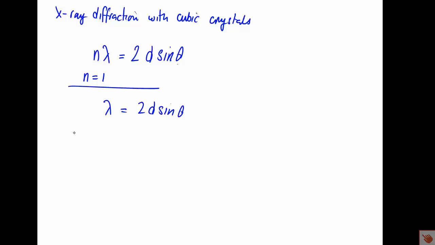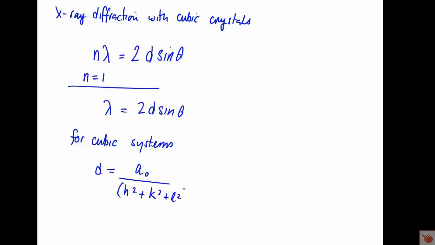We also know that for cubic crystals, or cubic systems, d is equal to a naught, the interplanar spacing, divided by the square root of h squared plus k squared plus l squared, where h, k and l are the Miller indices of the set of planes.